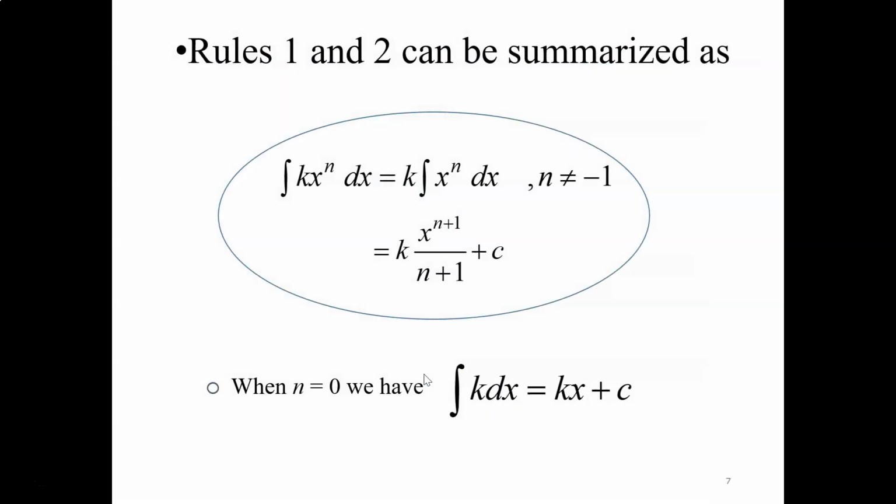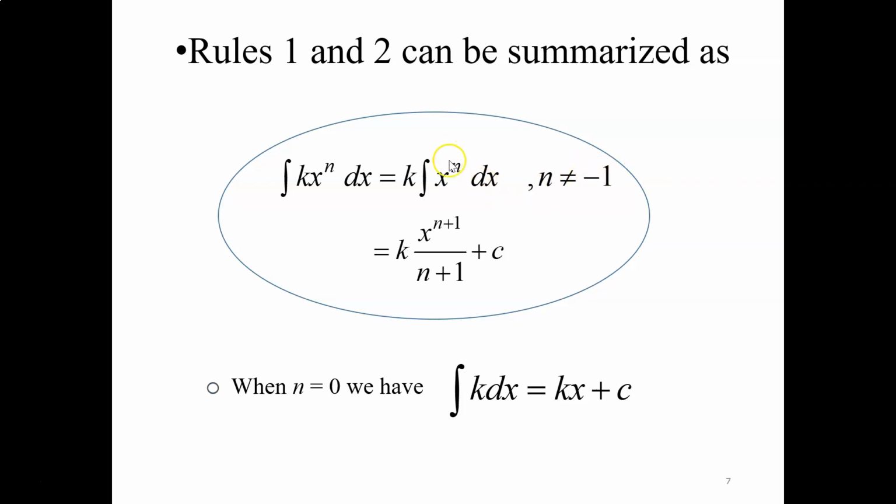Okay, rules 1 and 2 can be summarized as the integration of kx to the power of n dx equals k times the integration of x to the power of n dx, where n must not be equal to negative 1.